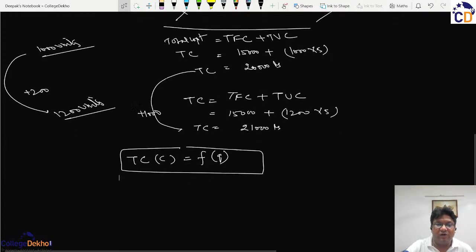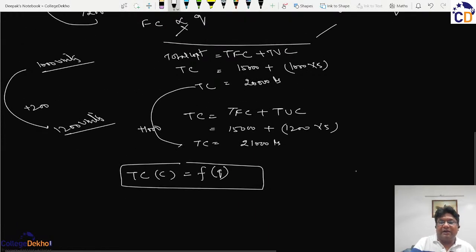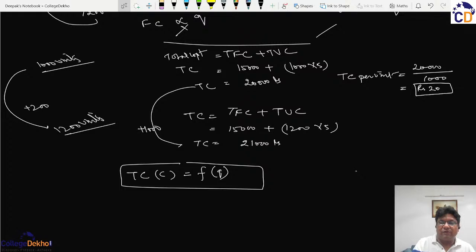So moving forward, if I again calculate here the total cost per unit, it will be 20,000 divided by 1000, and the figure will come out to be rupees 20.